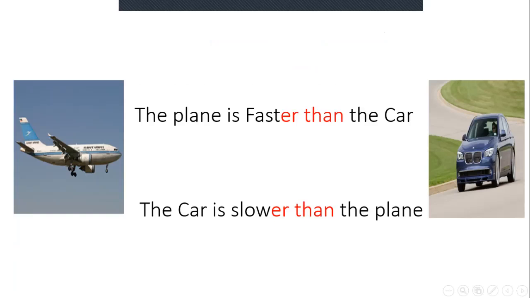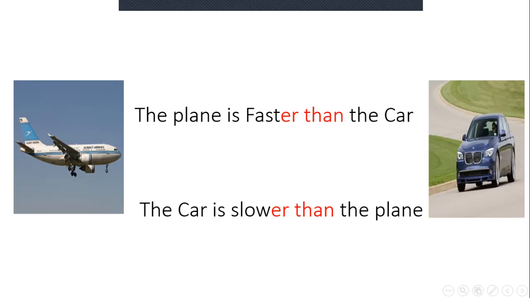Here, my students, look at these pictures. The plane is faster than the car. Here also we compare between the plane and the car. So we use the adjective fast. Fast here is a short adjective, so we add er plus than.